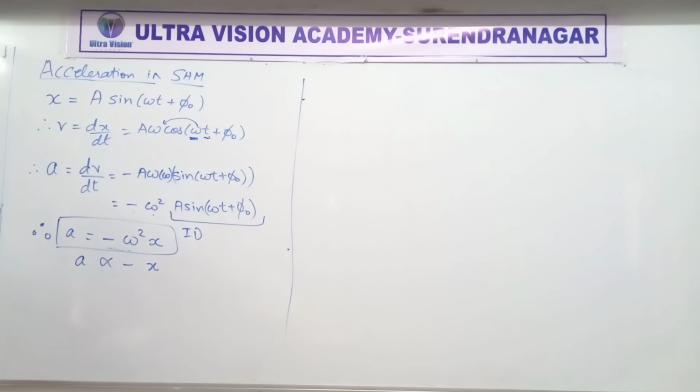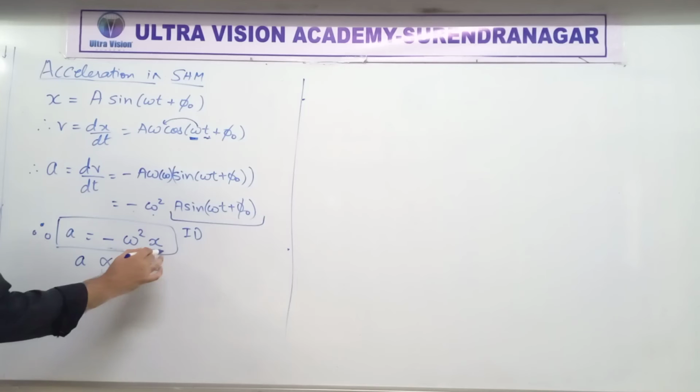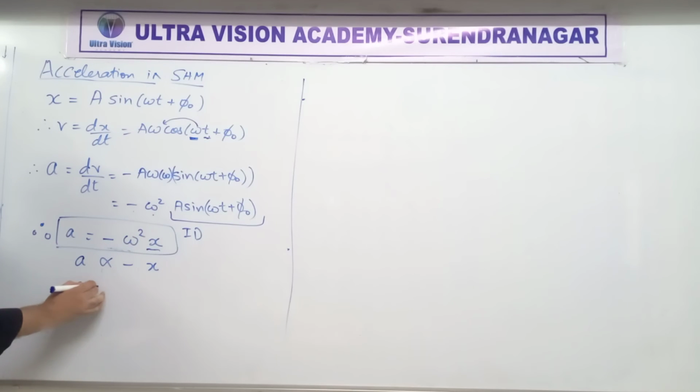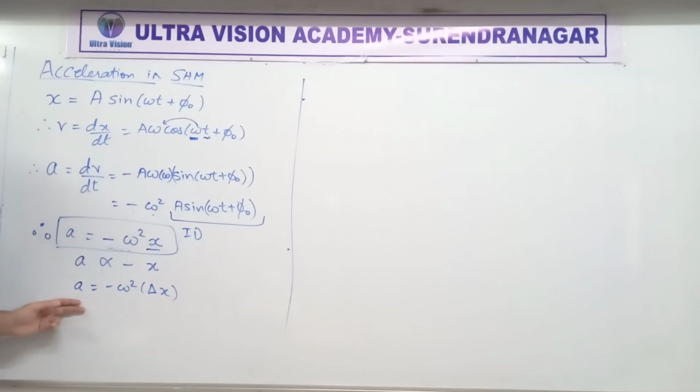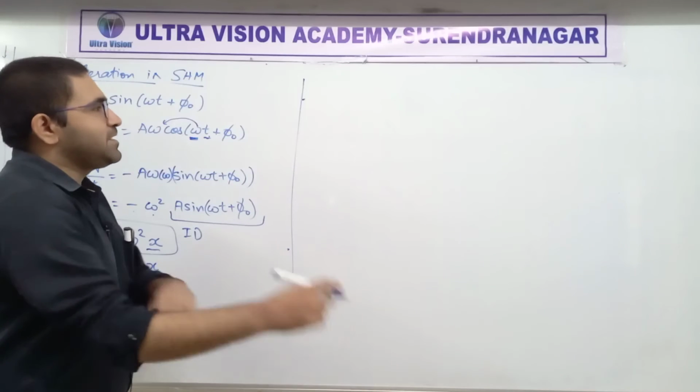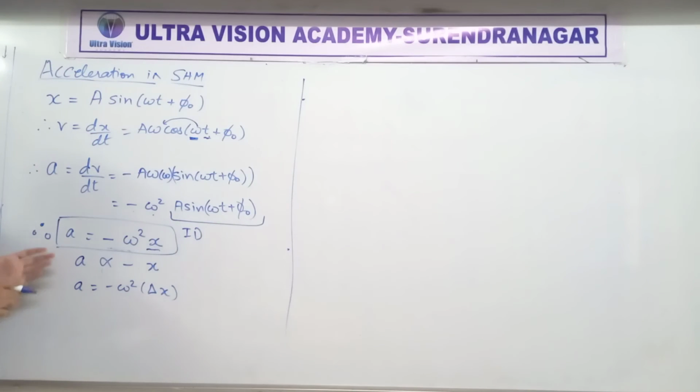Okay, so in SHM, a is equal to minus omega squared x. As usual, if you are not taking the origin as the mean position, then instead of x you get delta x. Don't be surprised if sometimes we have to do this. It doesn't make any difference, right? Now let's go to another relation here. If you consider what we have discussed so far, do you see this is a relation of a with t?